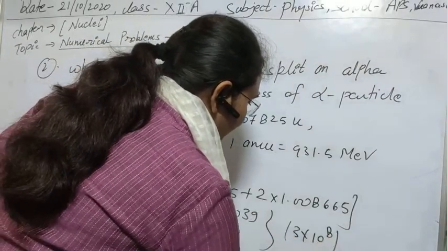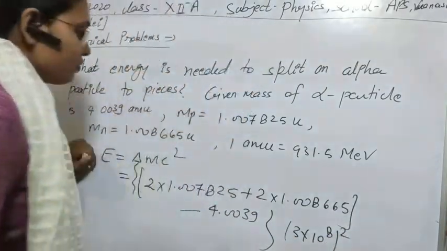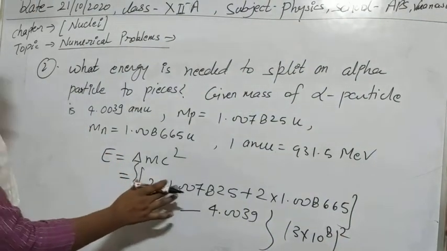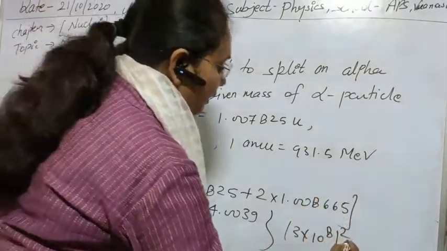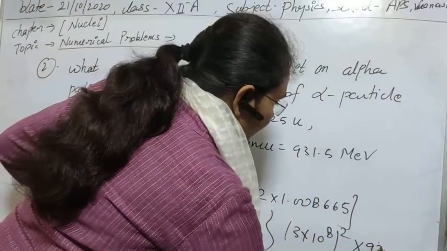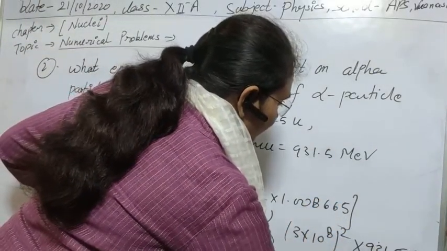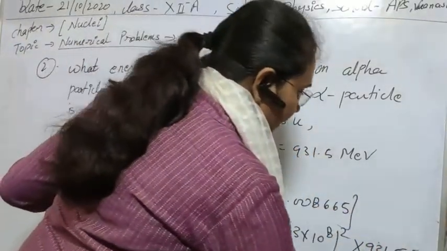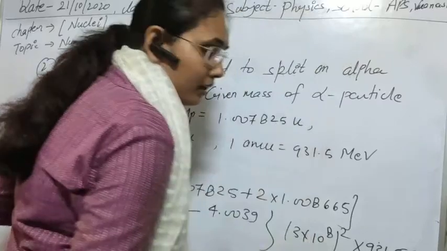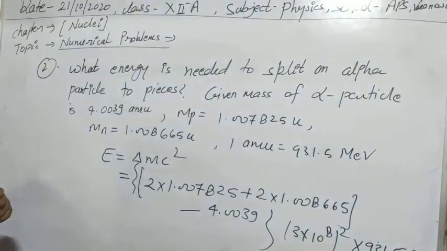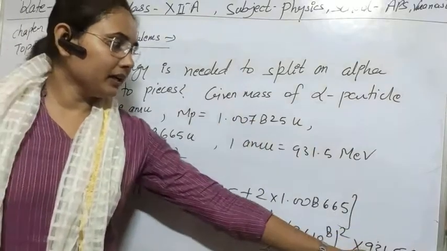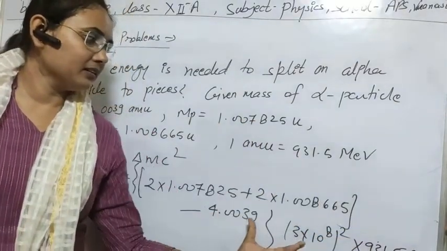After solving this value we have to multiply it by (3 into 10 to the power 8) whole square, and in this case, if we multiply it by 931.5, then the whole value will be in mega electron volt. Clear, I think. Simple, since these values are in u, we can convert it into mega electron volt by simply multiplying by this.